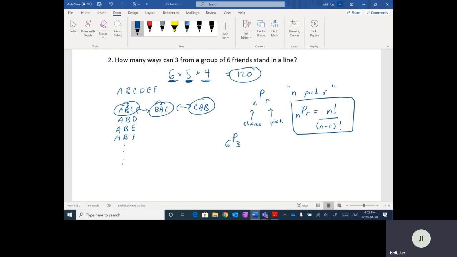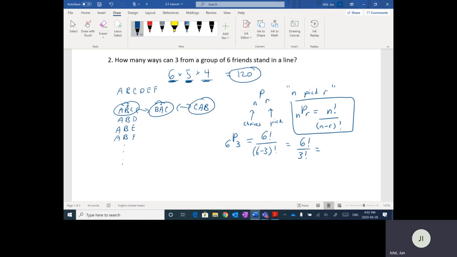This looks like it might be a little bit complicated, but I'm going to show you how we would have got 120 if we were to use the formula instead of the fundamental counting principle. So 6 pick 3 is going to equal, if I sub this into the right-hand side of the formula, 6 factorial divided by 6 minus 3 factorial. Again, N is 6 and R is 3. And if we work this out, we're going to have 6 factorial divided by 3 factorial.